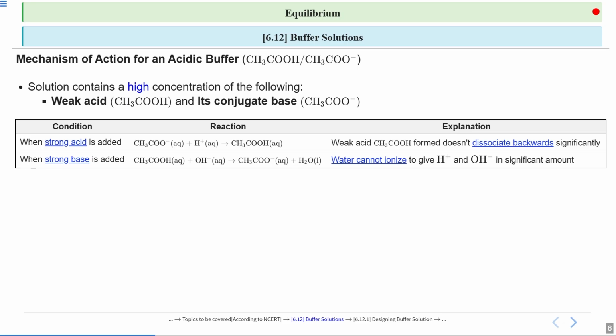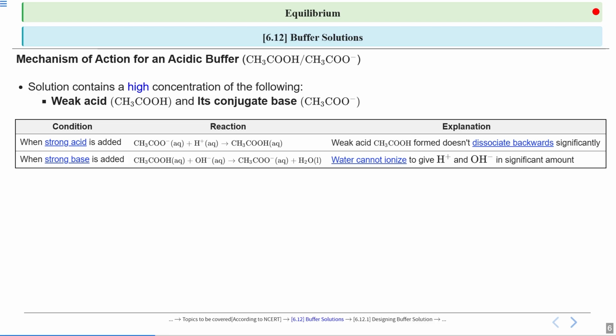So this will be your reaction or the response of your buffer. Now the acetic acid which is formed is an example of a weak electrolyte. So it will not dissociate backward. Yes, there will be dissociation to some extent, but that dissociation is not significant. Suppose the H plus which is being taken up by the acetate ion is 10 moles, right?